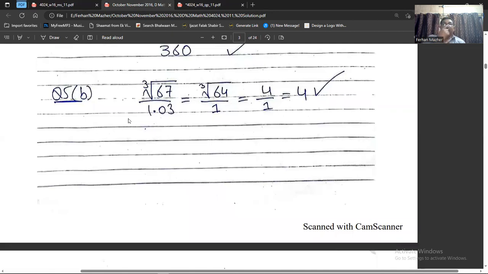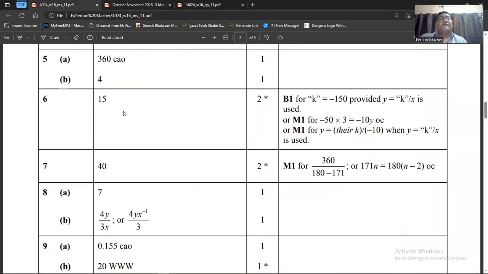So in place of 67, I will write 64, and 1.03 will be 1. The third root of 64 is 4, because 4 multiplied by 4 multiplied by 4 is 64. So 4 divided by 1 will be 4. So question number 5, B part, 4 is the answer.